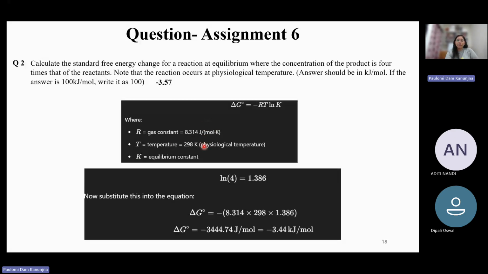But the unit asked in the question is kilojoule, so you convert this to kilojoule and report it. That's about it. We have done many more such questions in the problem solving session, so do practice those questions once again.